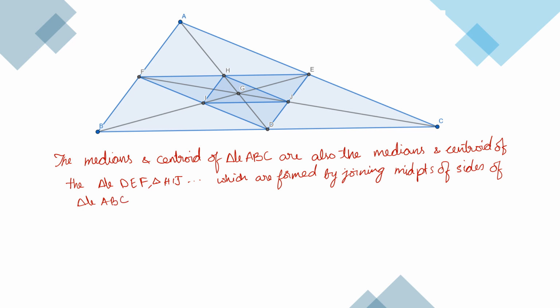I am writing here that HIJ is formed by joining the midpoints of triangle DEF and so on, right? Okay.